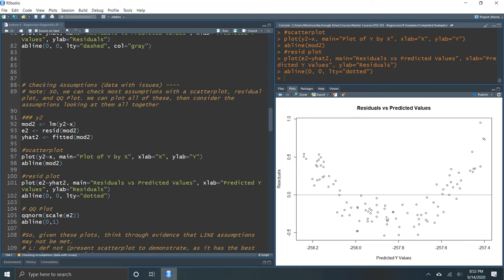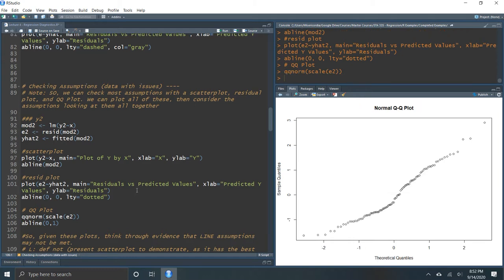It's that the general pattern of the middle is not horizontal, and on a residual plot the pattern of the middle of these dots should be horizontal. So definitely an issue with linearity, not necessarily one with homogeneous variance, because the spread of the points doesn't seem to change all that much throughout.